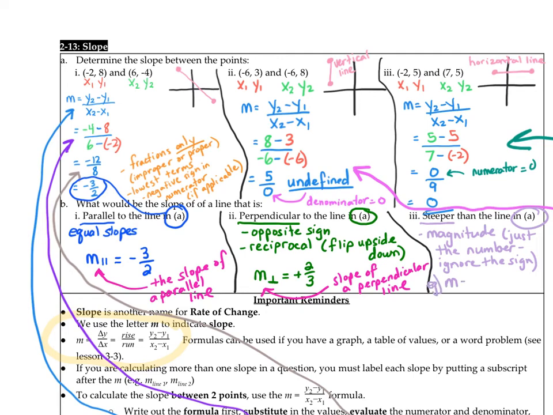So for example, it could be -6. The sign doesn't matter. It's just if the number is bigger. Or it could be +4. Basically, any number bigger than 3/2.